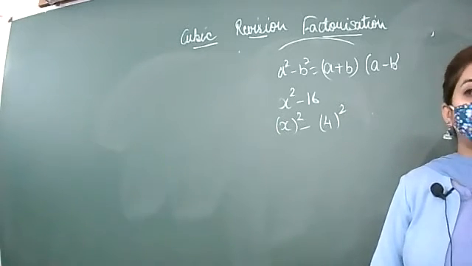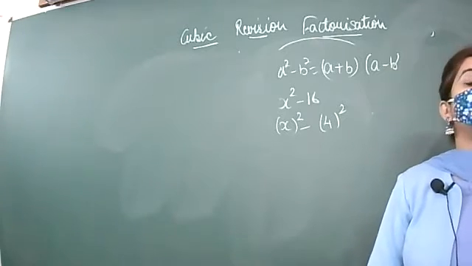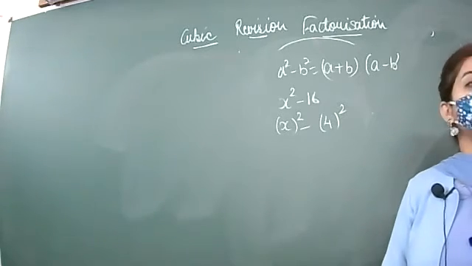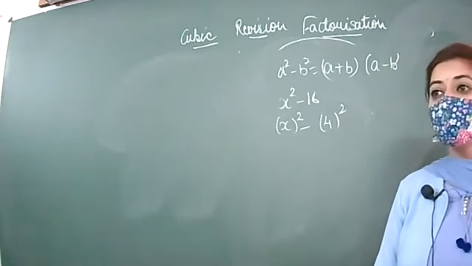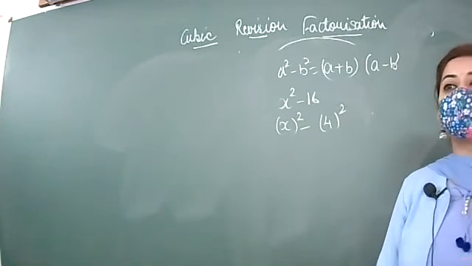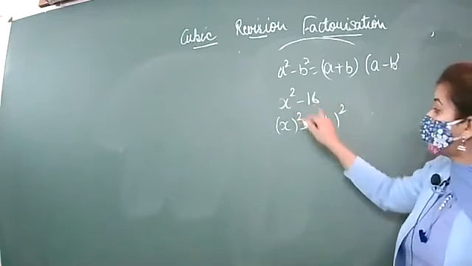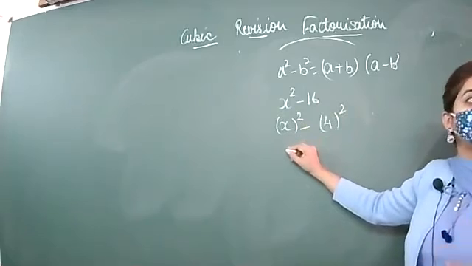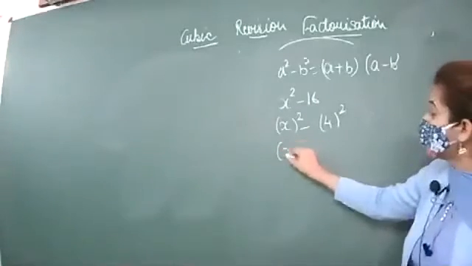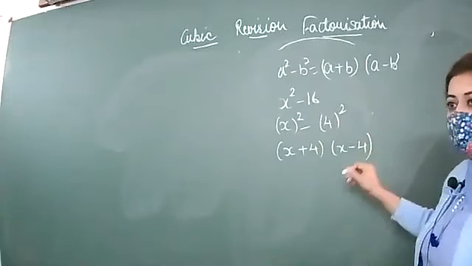If the numbers are not perfect squares, you can't apply the identity. Got it? In the first 2 identities, if the terms are not perfect squares, then the identities will not be used. You will directly use the middle term splitting method. Got it? Here again perfect square terms are given. This is your a square minus b square, which can be written as a plus b, a minus b.